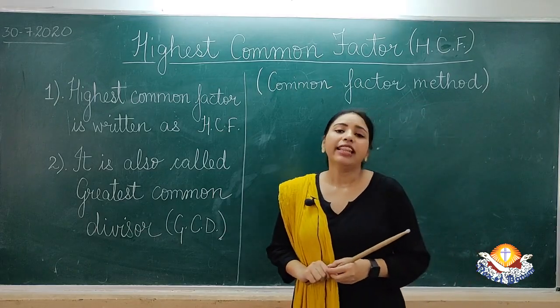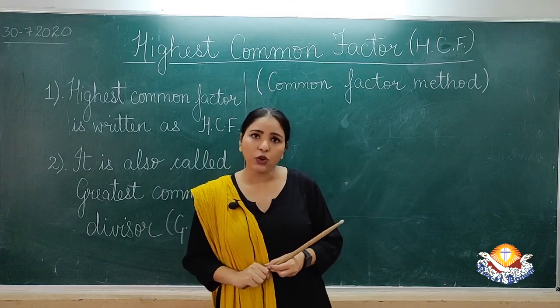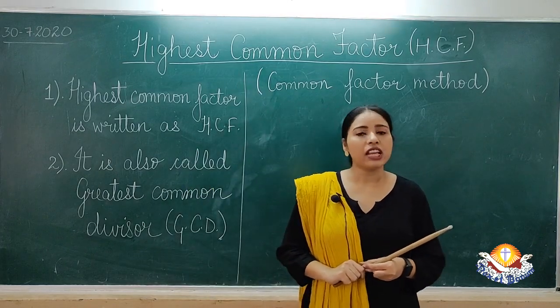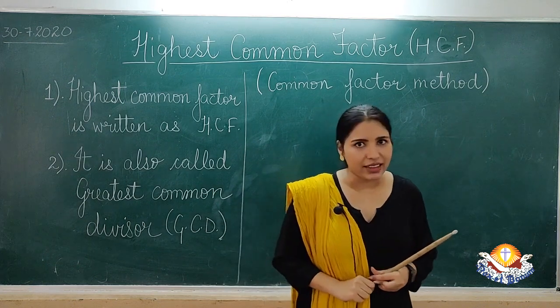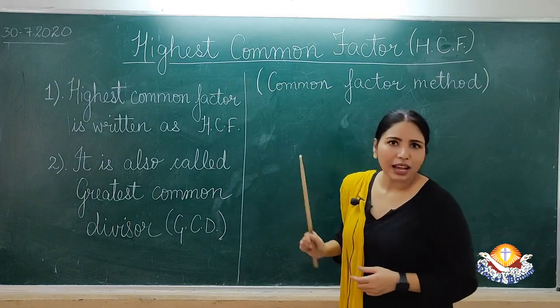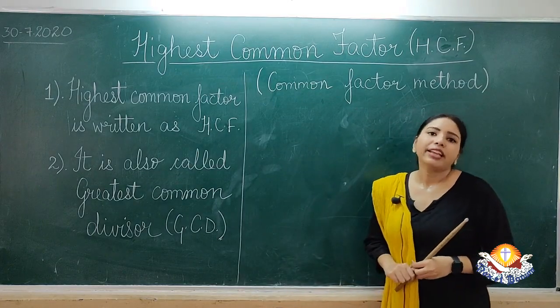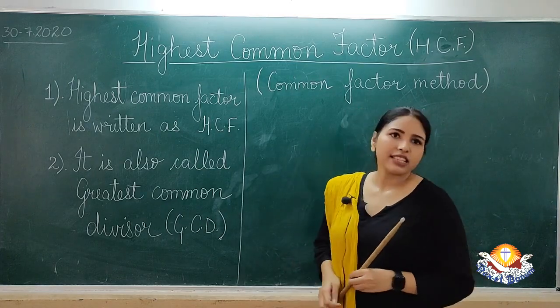Now children, let me remind you that it is imperative for you to be thoroughly revised with the tables of 2 to 20, so that you will be able to do these sums very nicely. So now, getting on with the first example of this exercise.